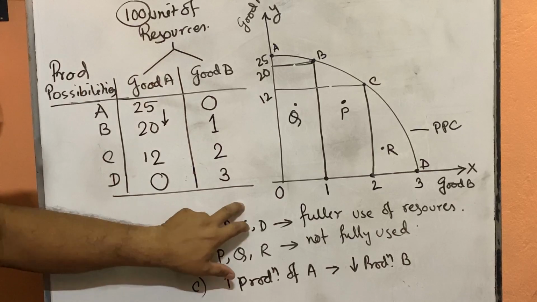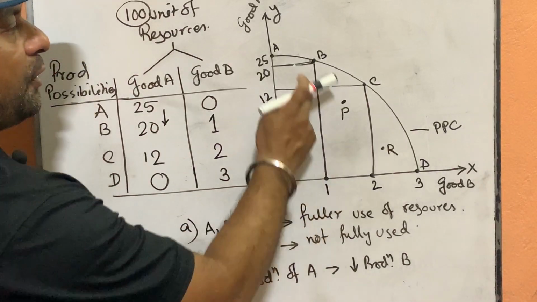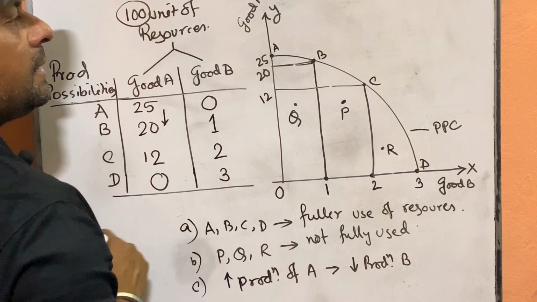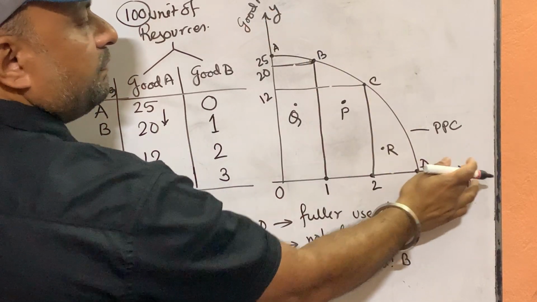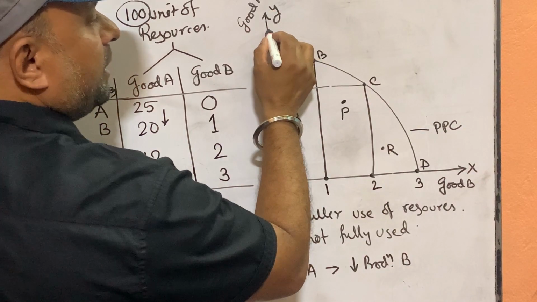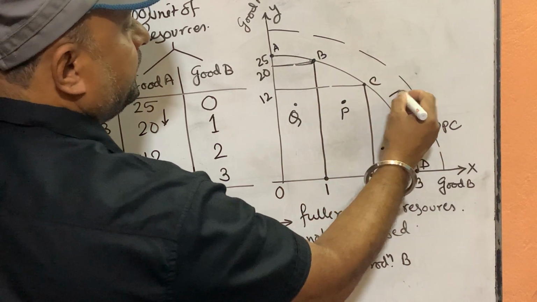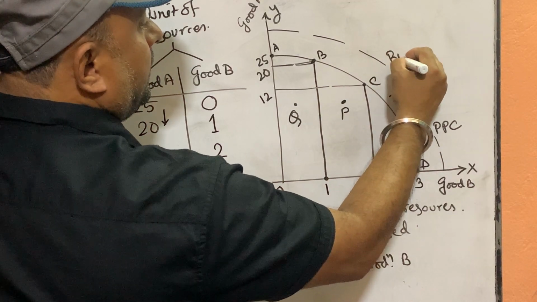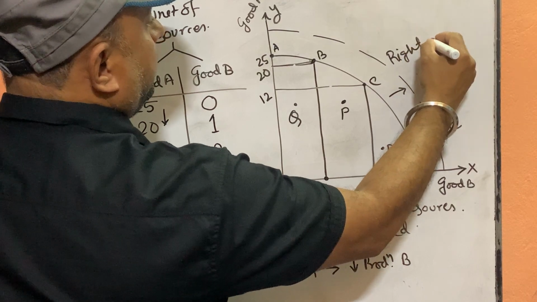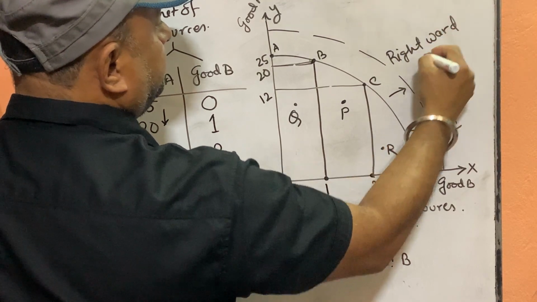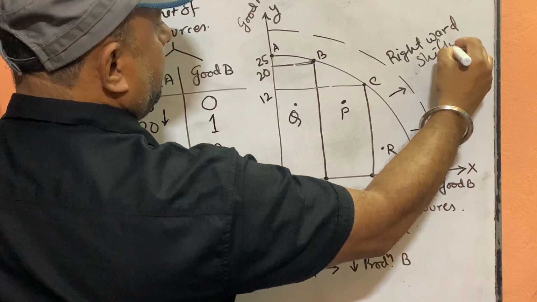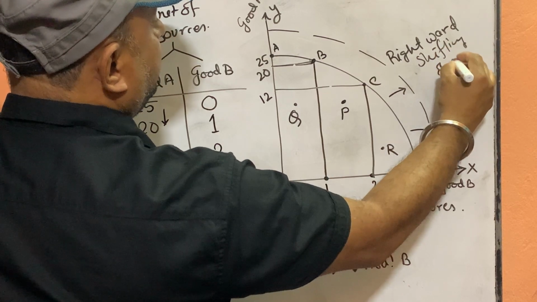Okay. Now when can we increase the production of both goods simultaneously, that is, good A also will increase, B also will increase? At that time our PPC will shift towards the right side. Rightward shifting of PPC.